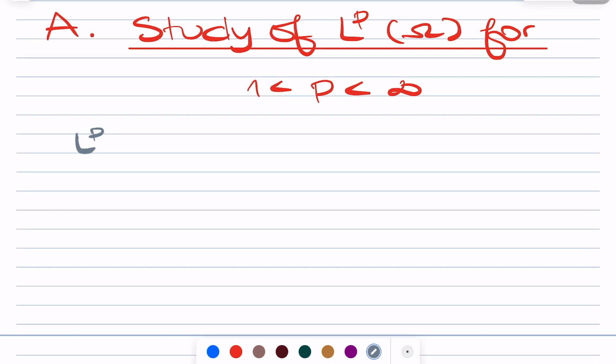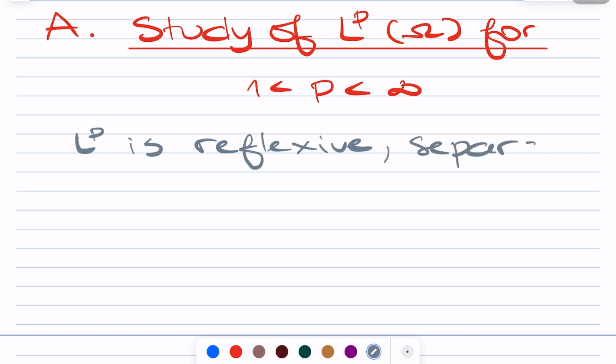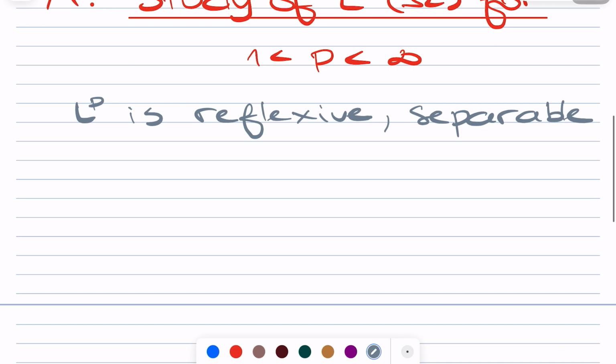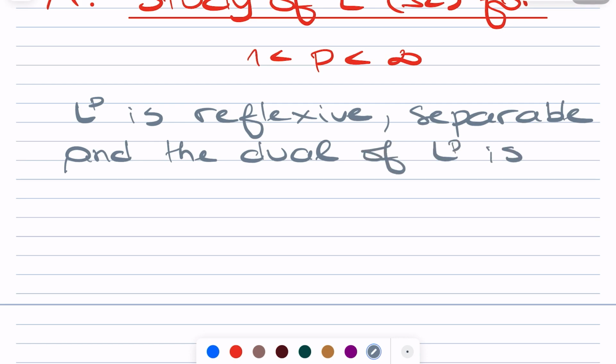For p strictly greater than 1 and strictly less than infinity, LP is reflexive, separable, and the dual of LP is LP prime, where p prime is the conjugate exponent of p. This is what you have to keep in mind up front.